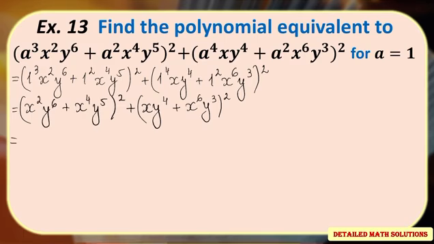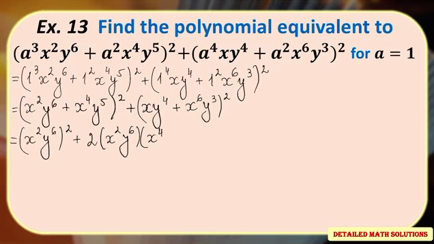As a next step, I will apply the formula for binomial square for the first binomial. This equals x squared y to the 6th power in parentheses squared plus 2 times x squared y to the 6th power multiplied by x to the 4th power y to the 5th power plus x to the 4th y to the 5th power in parentheses squared.